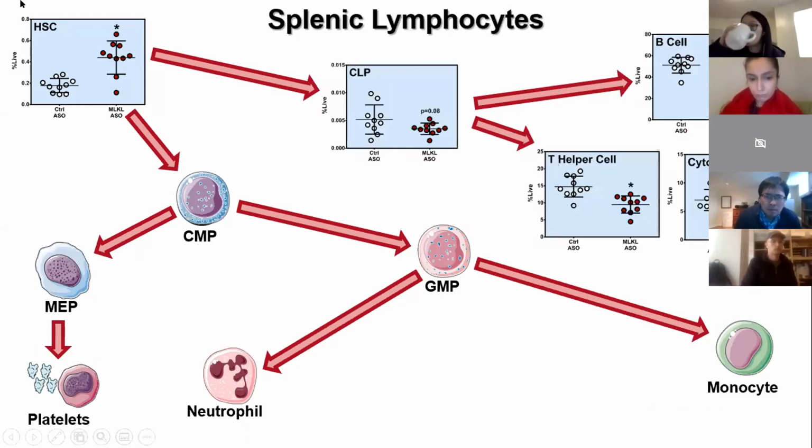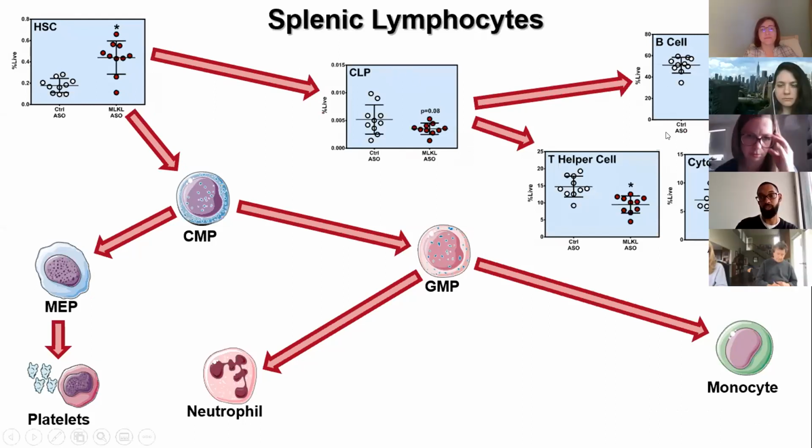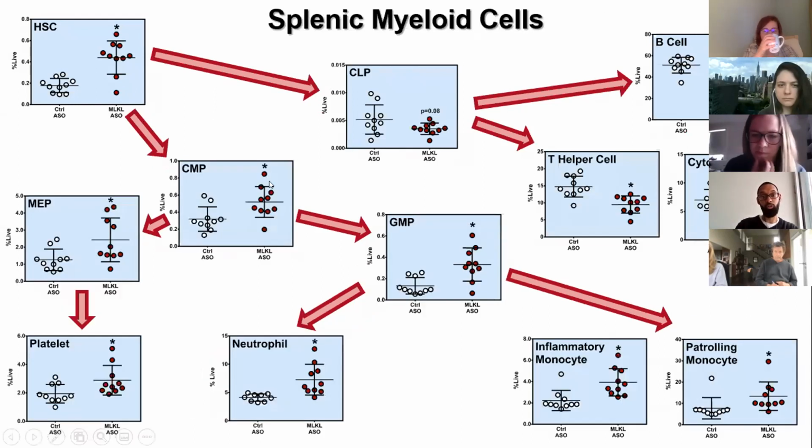However, compared to this increase in HSCs, we saw a decrease in both lymphocyte progenitors as well as mature lymphocyte populations in the spleen. However, consistent with the increase in HSCs, but opposite to what we see in the lymphocytes, myeloid progenitors such as the common lymphocyte, megakaryocyte, erythrocyte, and granulocyte-monocyte progenitors are all increased, along with mature myeloid populations.